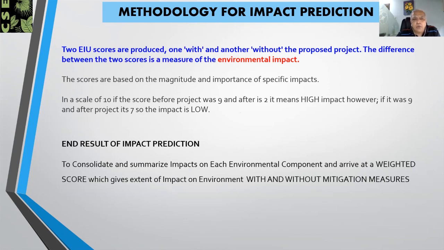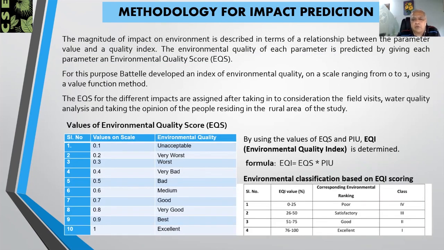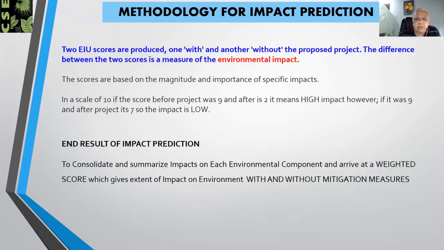After this is done, the Battelle environmental impact evaluation system is applied with two scenarios. One is with the project and the other is without the project. The difference between the two scores is a measure of the environmental impact. For example, on a scale of 10, if the score before the project was 9 and after is 2, it means a high impact.